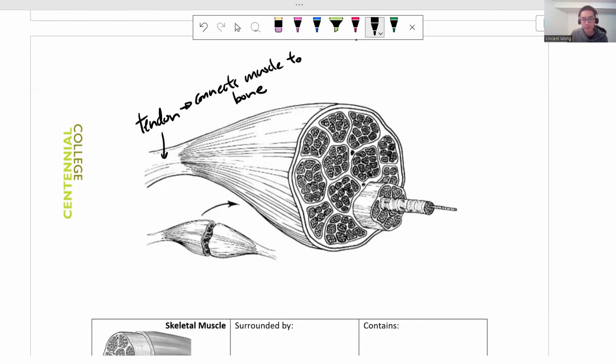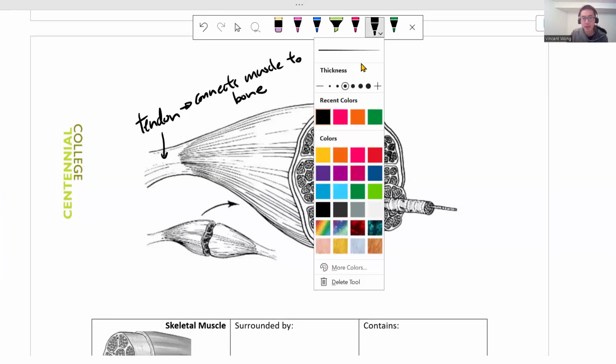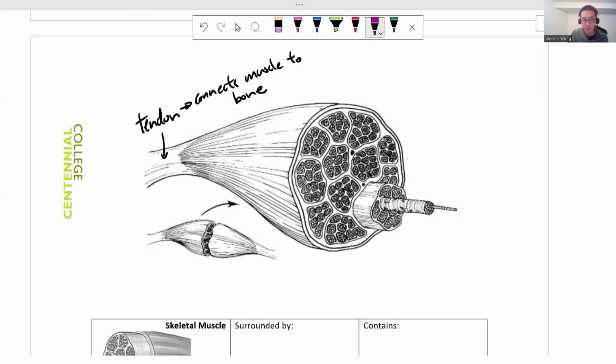Now tell me, please, what is this? I am not sure if I can use the same color. I don't remember what I used. But what would this whole thing be, right here? This thing.